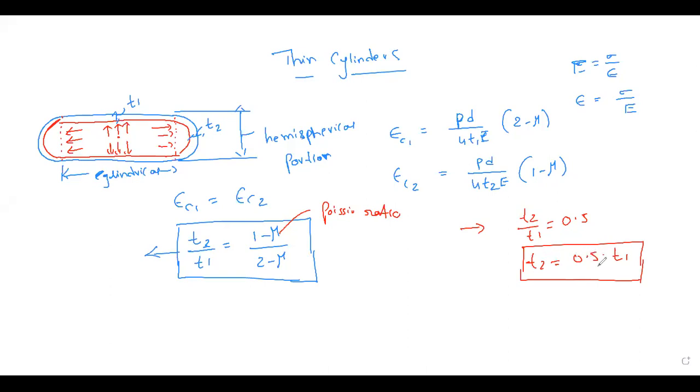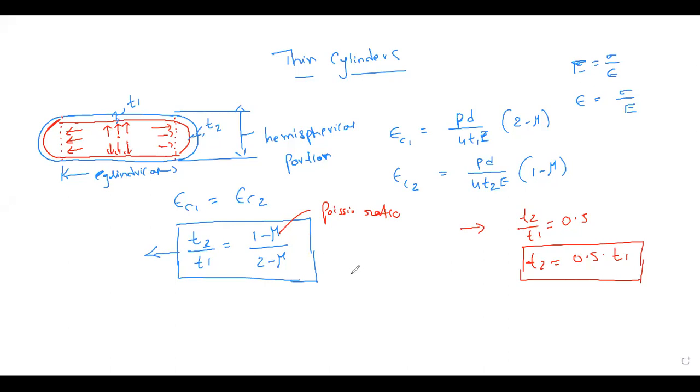Here we have to understand one statement. The hemispherical end is always thinner than the cylindrical portion, where the maximum stresses may be the same in both cylindrical and hemispherical portions. Whatever stress acts in the cylindrical portion will be the same even in the hemispherical portion.